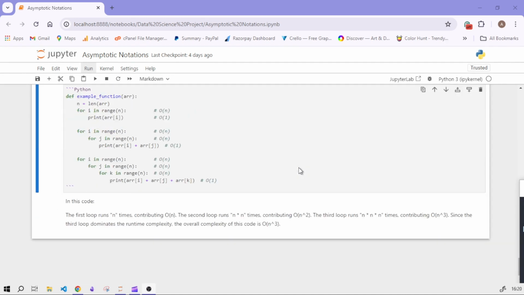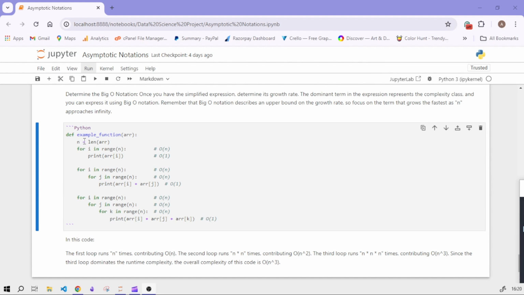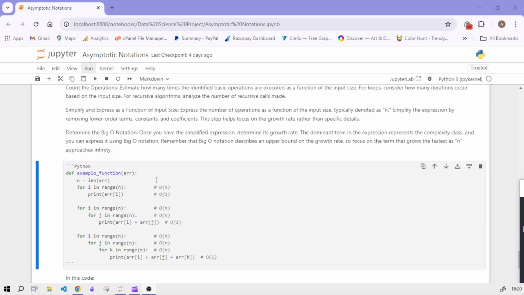So here let's say we have an example, n equal to length of array. We are just doing this once, which is something I have not written here. Now here we have a for loop. For the for loop, we are doing it n times, so we'll simply write O(n).